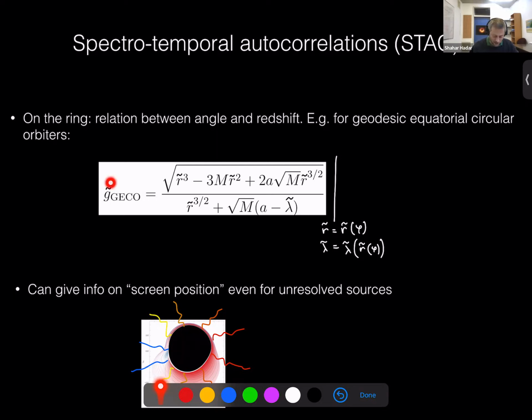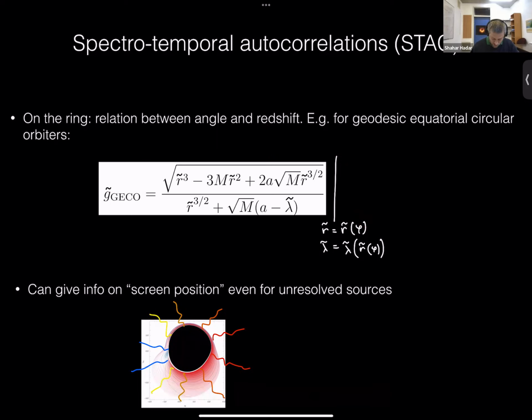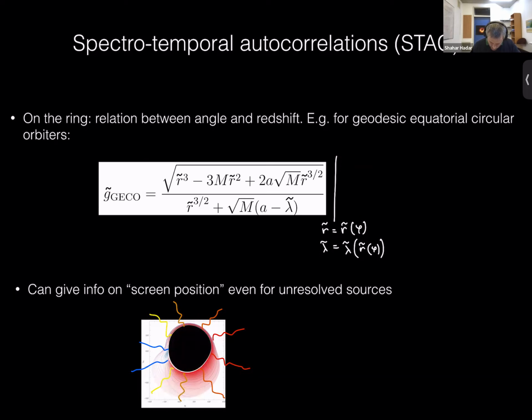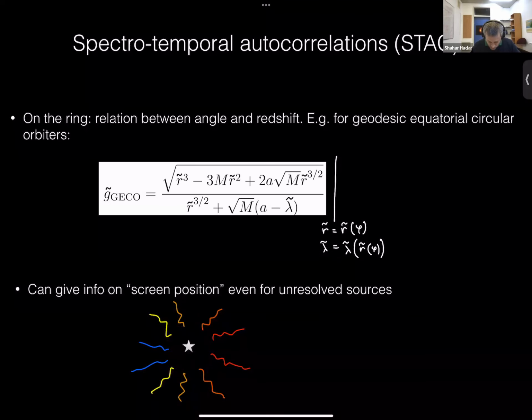So this allows you to relate frequency and angle on the screen, and it can relate them even if you're not resolving. Here you can see that when you are resolving, different places in the photon ring arrive with different frequencies, but also when you see an unresolved source, you still see the photons arriving with different colors.